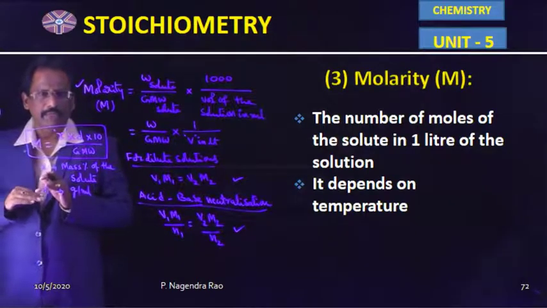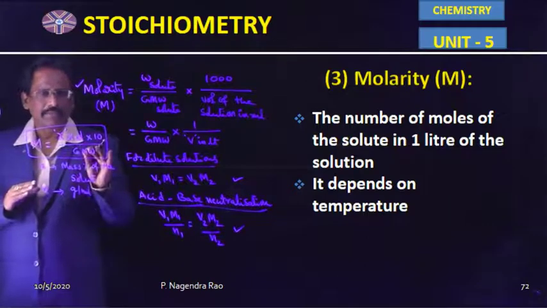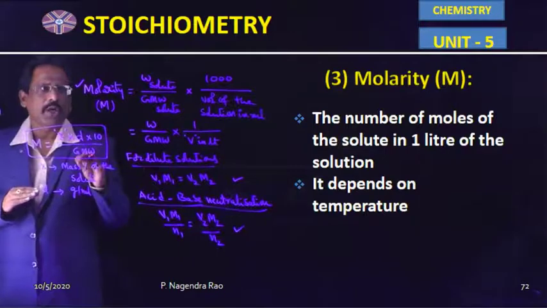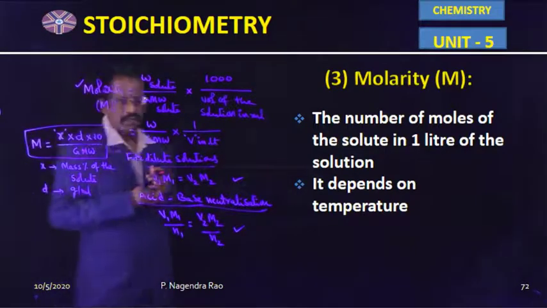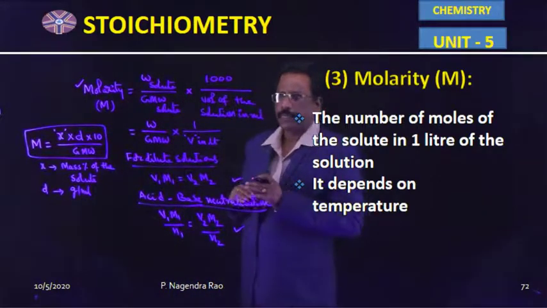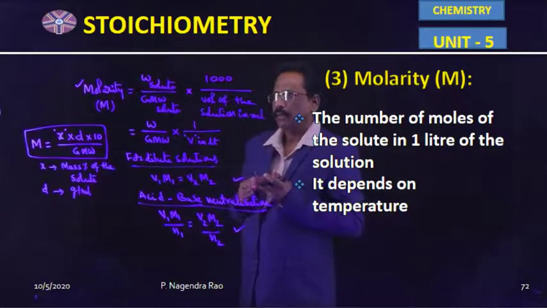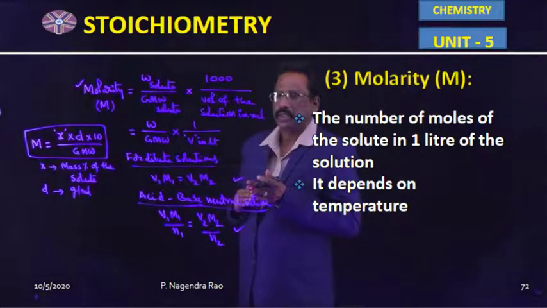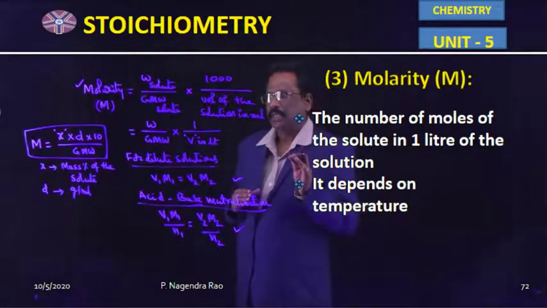A very important point is that in the laboratory, concentrations of solutions are generally expressed in molarity. Molarity is defined as the number of gram moles of the solute present in 1000 ml of the solution. That means weight by molecular weight into 1000 divided by volume of the solution in milliliters.